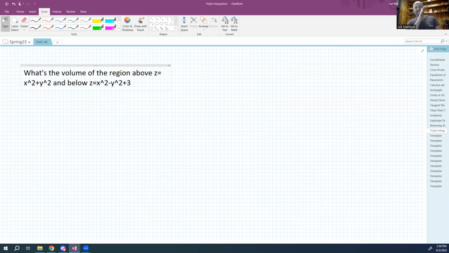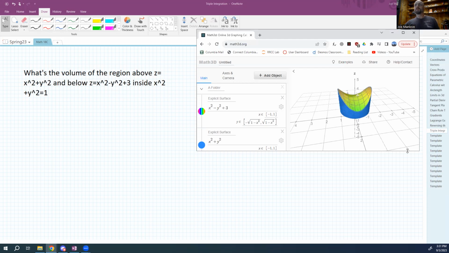There's one more thing here I need. So I'm going to say inside x squared plus y squared equals 1. And I'm going to bring that shape back. Okay, so here's my little shape.